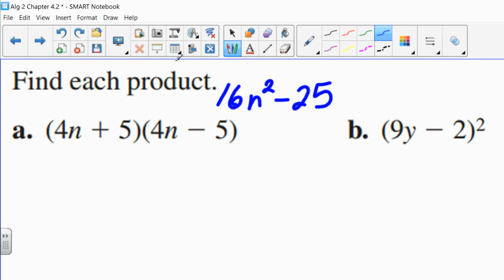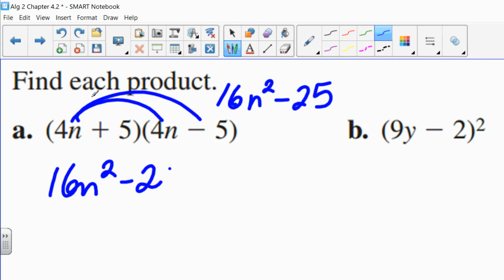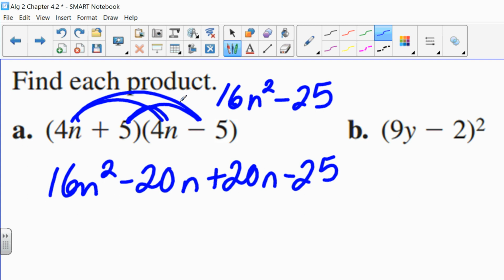Let's go on and do the multiplication out and see what happens. Well, 4n times 4n is 16n squared, which we got, yes? Now the next one would be 4n times negative 5, which is negative 20n. Then we would have 5 times 4n, which is plus 20n, and 5 times negative 5 is negative 25.